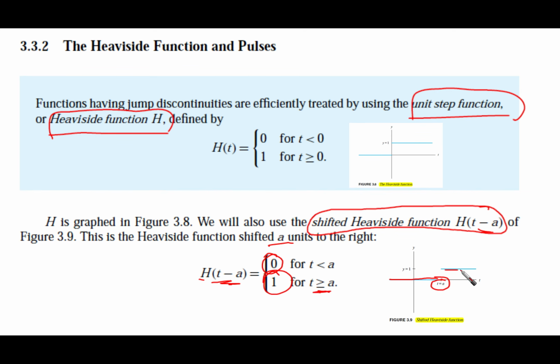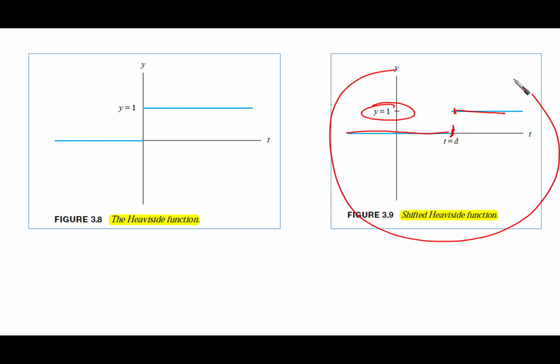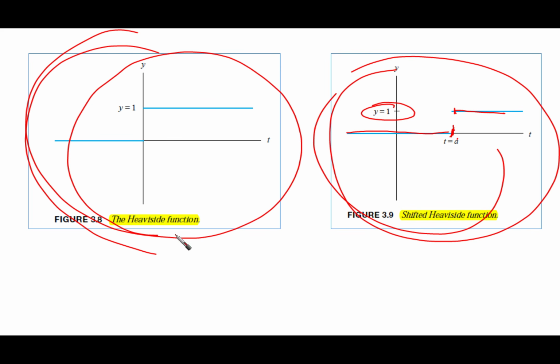Let's have a larger look. This is a here. So the function is 0 until a, and then after a it is going to be 1. As I said, it is like turning on and turning off. It is like a switch for any function.